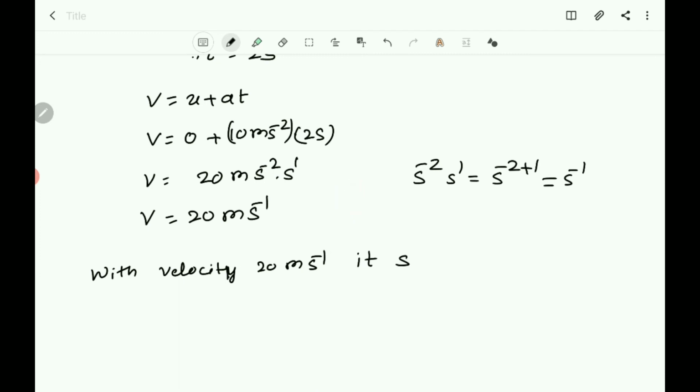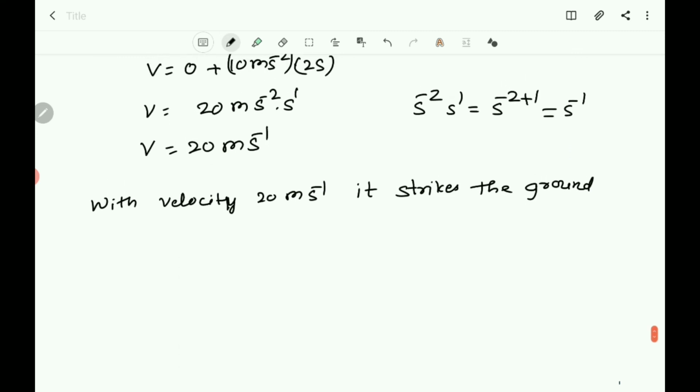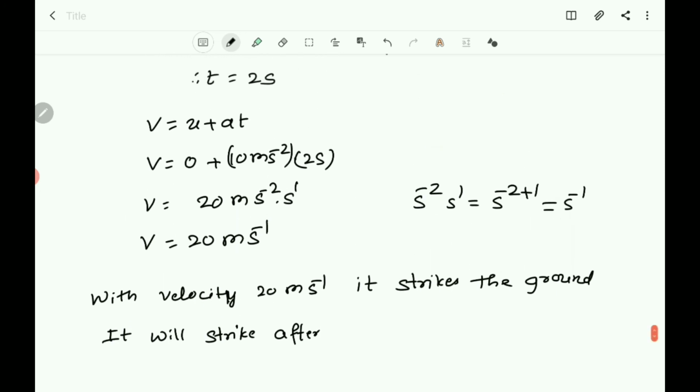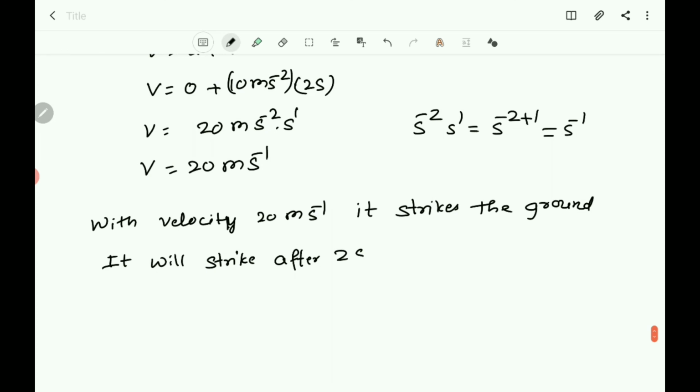And next, after what time will it strike the ground? After 2 seconds it will strike the ground.